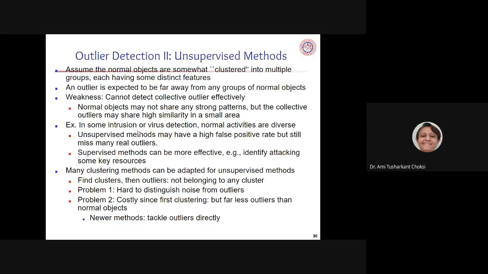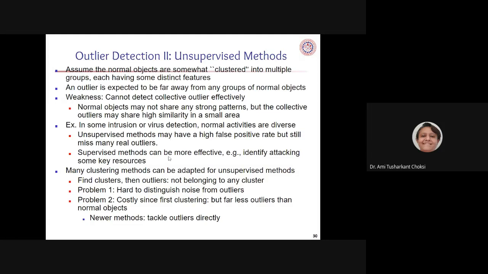In some intrusion or virus detection, normal activities are diverse. Unsupervised methods may have a high false positive rate, but still miss many real outliers.